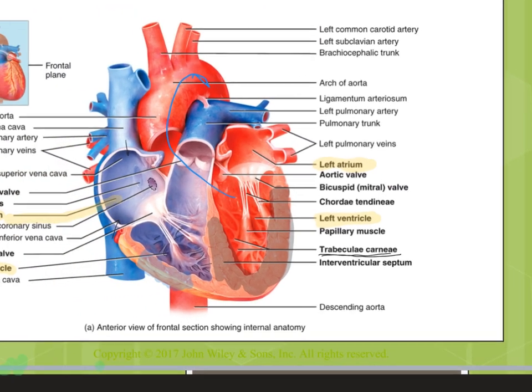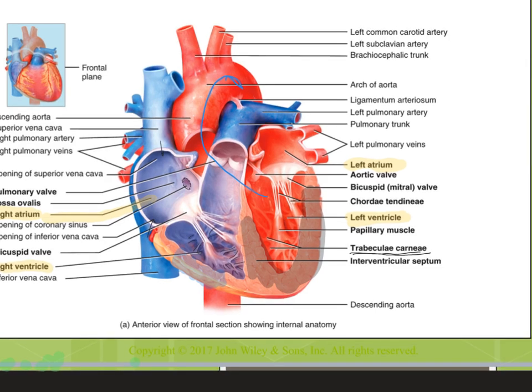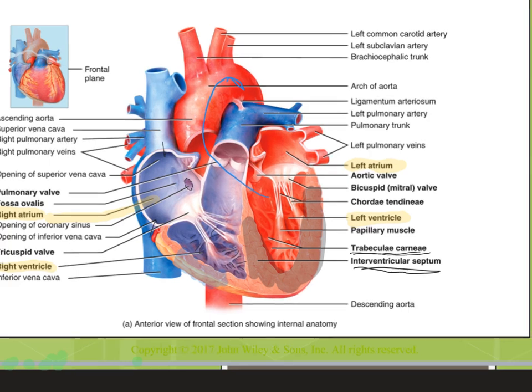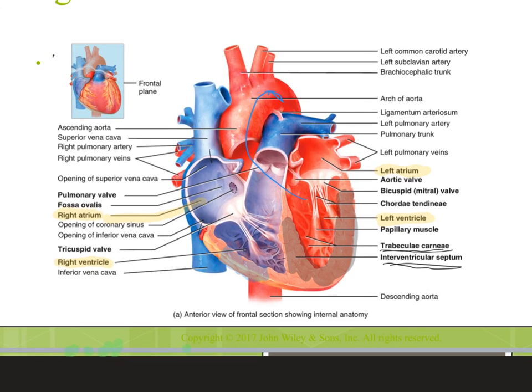Now, we can look at the interventricular septum. So again, terminology, interventricular septum. It's what divides the left and right ventricles. We also have an interatrial septum. So if you were to kind of pinch behind these major blood vessels here into the left and right atrium, you'd be able to get that interatrial septum.